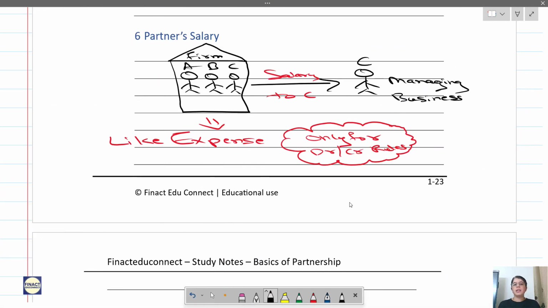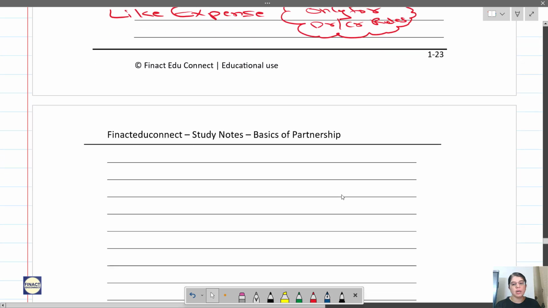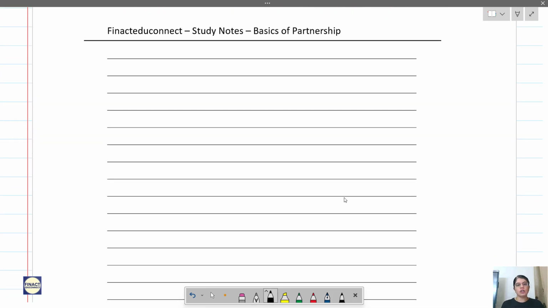Next, partner's salary. What is happening in partner's salary? The firm is paying salary to the partner. Partner's salary we have already written, it is like an expense. So let us see what accounts are affected for the journal entry. We are going to pass an adjusting entry.